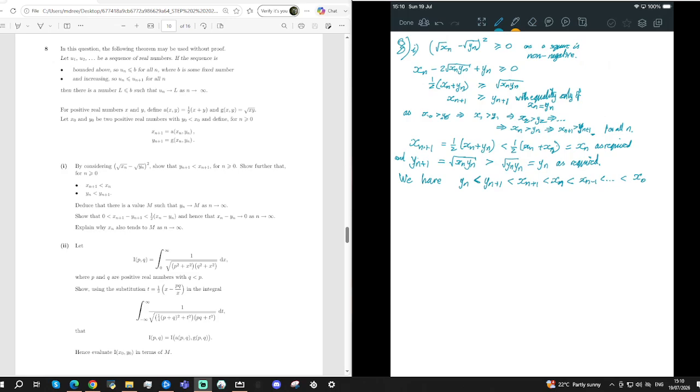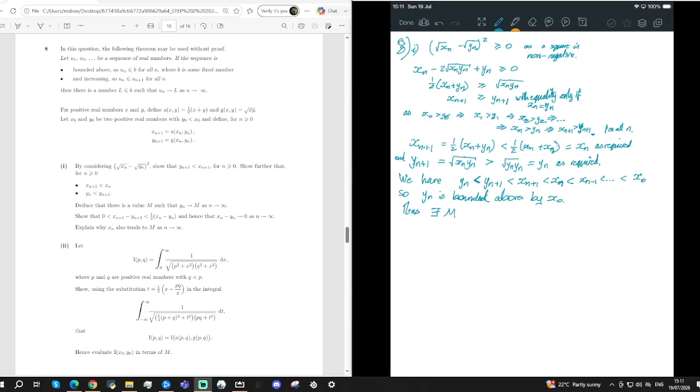So actually, for all n, yn is bounded above by x0. And that x0 can take the role of the b in the condition for this convergence. So then, thus, there exists an m.